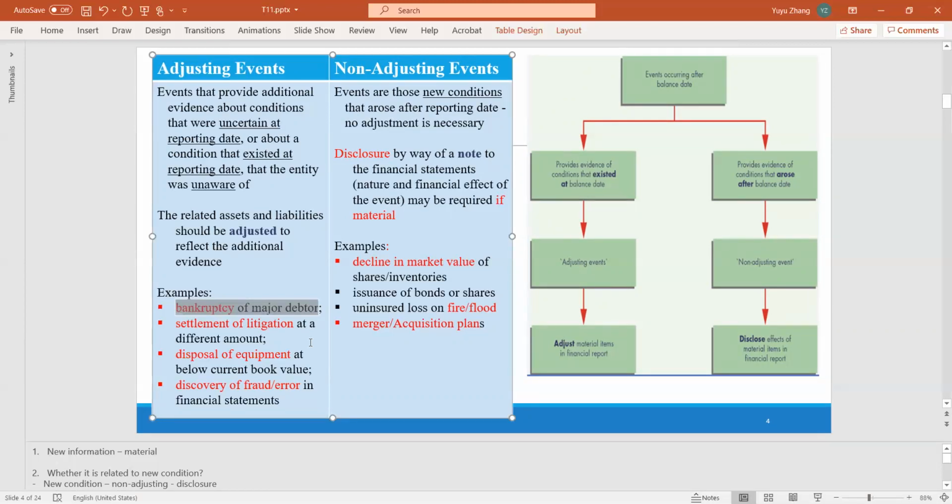So the value has been updated, but the value actually existed at the balance date. Therefore, we are also going to update or adjust the value of the equipment in the financial statements as well.